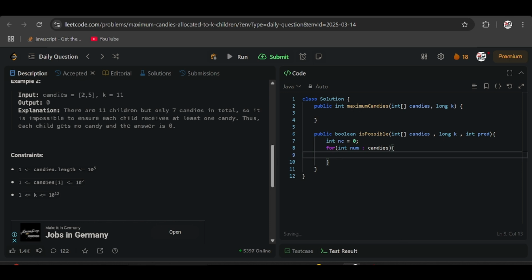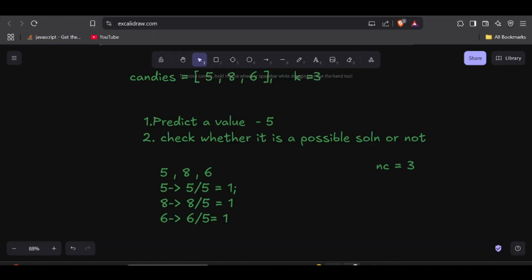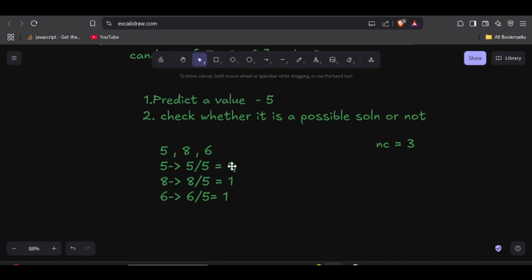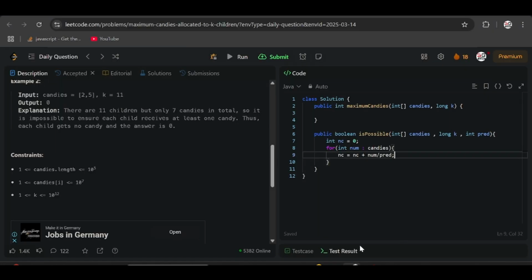And what I need to do is I will be incrementing the NC by num divided by predicted value. This is the same we were doing in that example. We need the sum of these quotients. So the same we are doing here.